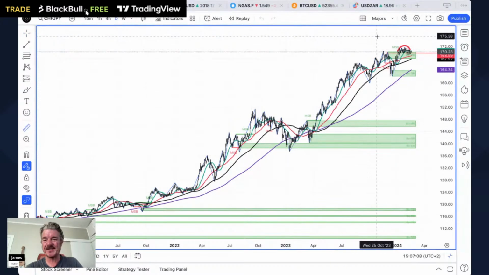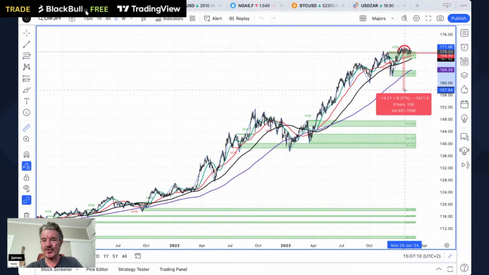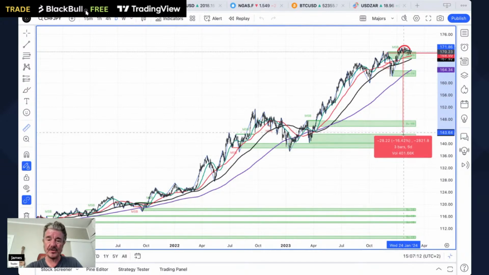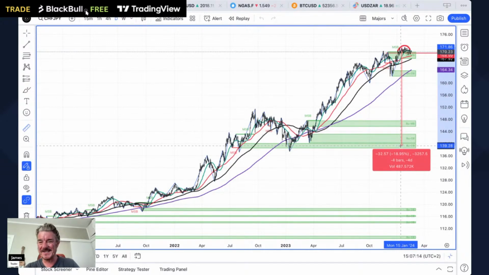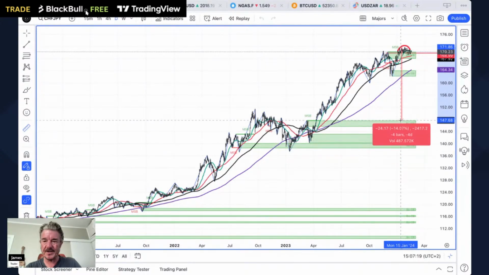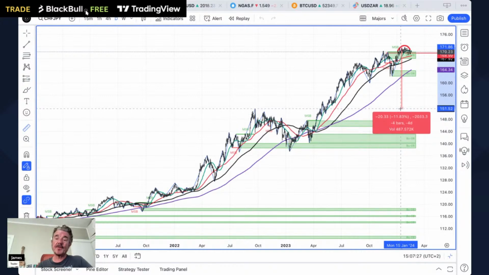I'll show you quickly on this roughly. Let's just draw that down. If we got all the way down here, from 170 to 140, that's only about an 18% drop. If we got down to 147, that's a 14% drop. If we got down to 150, 152, it's about a 10% drop. So yeah, it's big in terms of currencies.